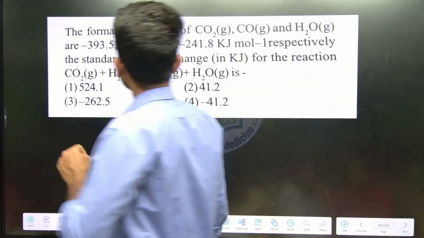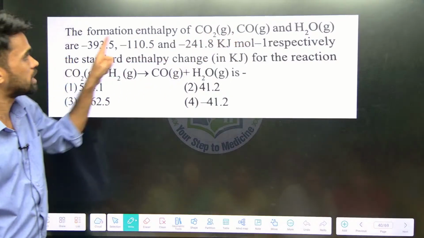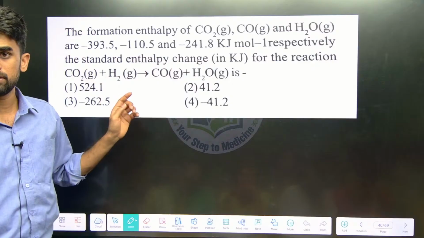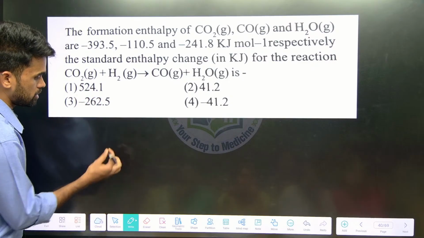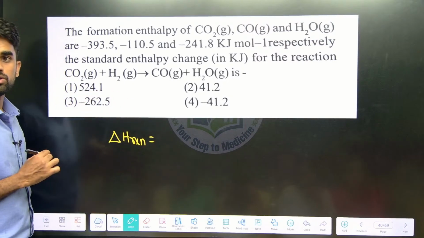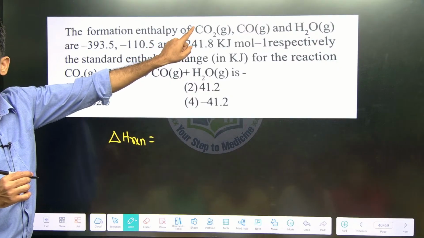How to do this? The formation enthalpies of CO2, CO and H2O are given like this. Then the standard enthalpy change for the reaction. So how to do this, tell me? Standard enthalpy change, delta H of reaction equals, what to write? What is the data provided? Enthalpy of formations or combustions? Formations.